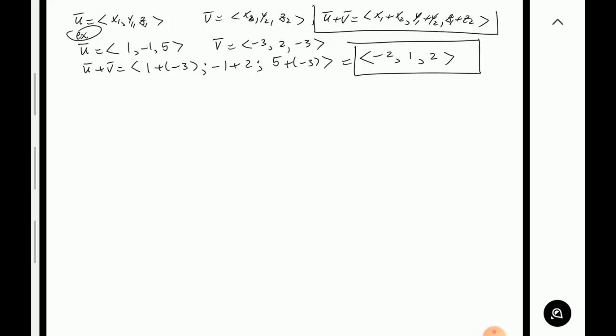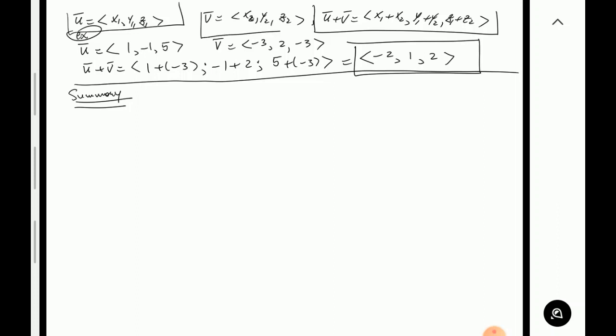So let's make a couple more examples later, but at this point let's have a little summary of all the properties or operations we encountered so far. So once again, given u with x1, y1, z1 and v with x2, y2, z2, which relevant operations and quantities did we talk about?